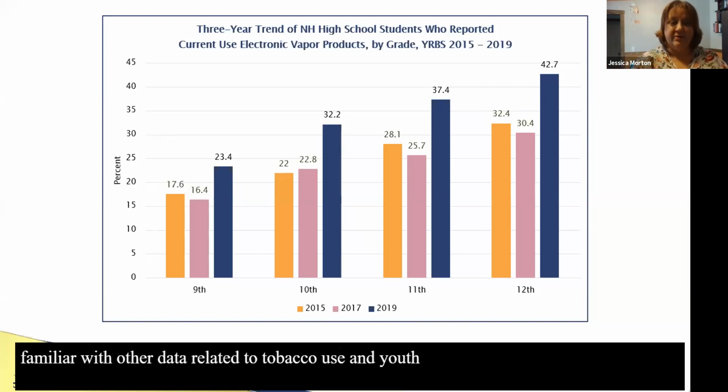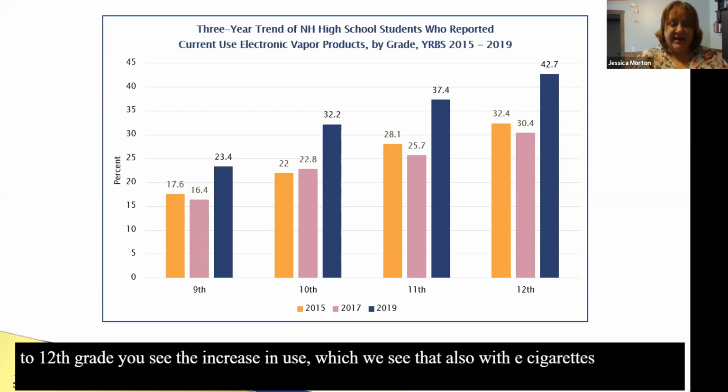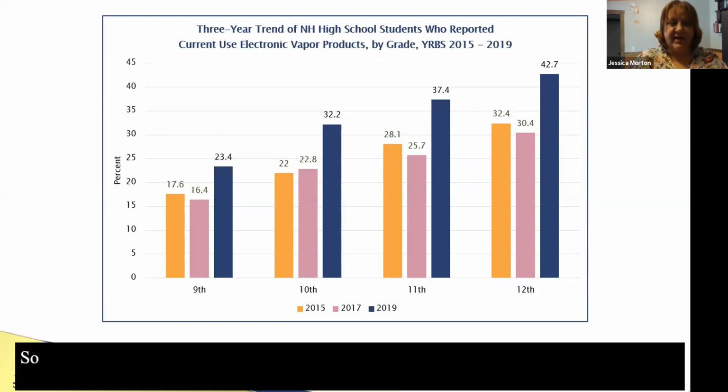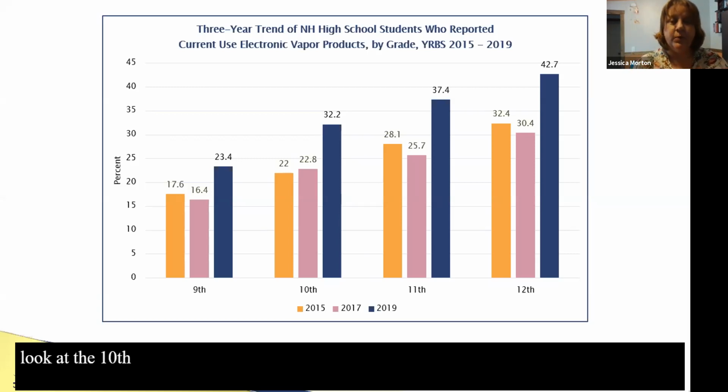If you're familiar with other data related to tobacco use and youth, as they go from 9th grade to 12th grade, you see an increase in use, which we also see with e-cigarettes. What I think is really interesting is the 9th grade 2019 data, which is at 23.4. But then if you look at the 10th grade 2017 data, it's at 22.8.